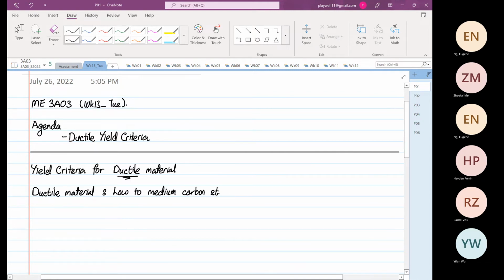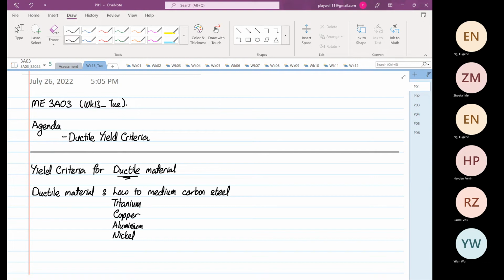That's one of them. Then you also have your titanium, copper, aluminum, and nickel. So these are what we classified as ductile material.